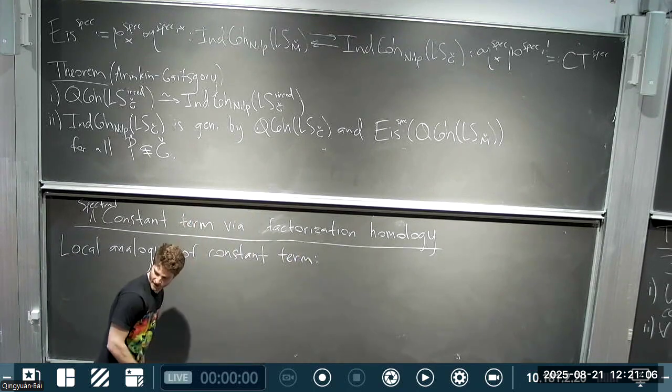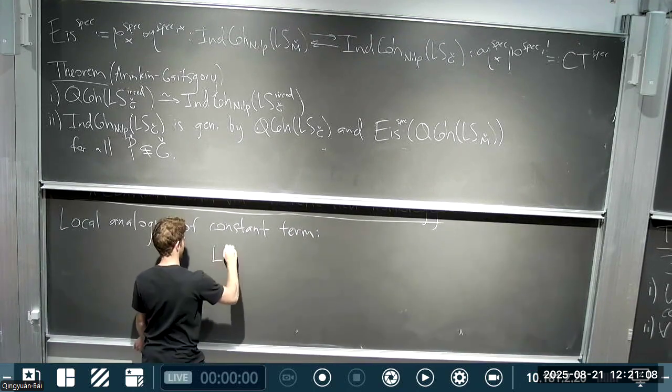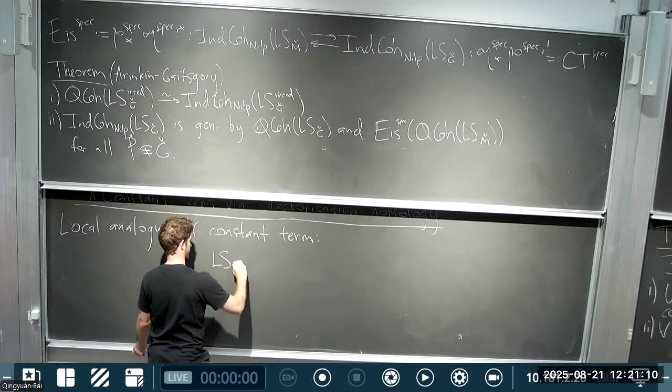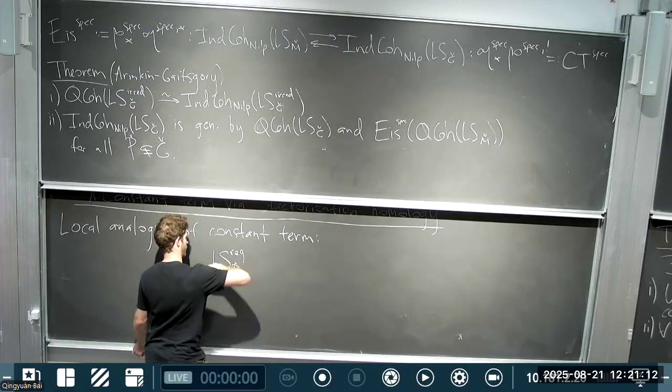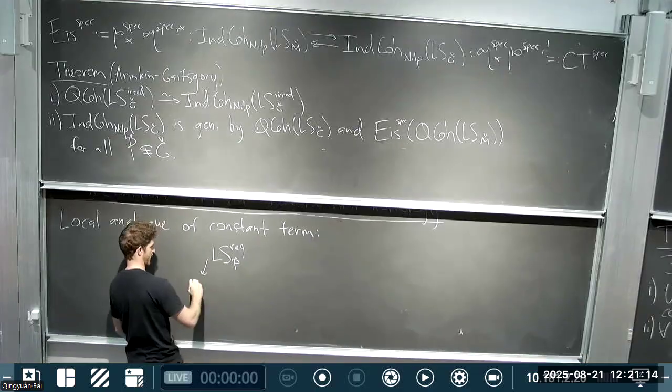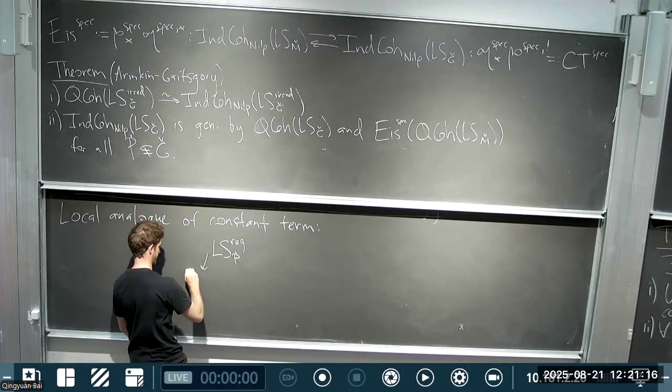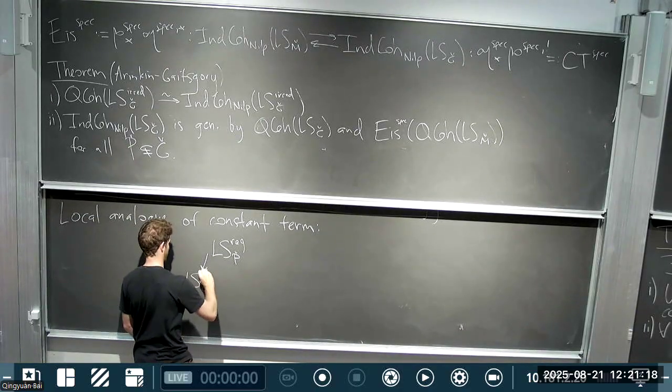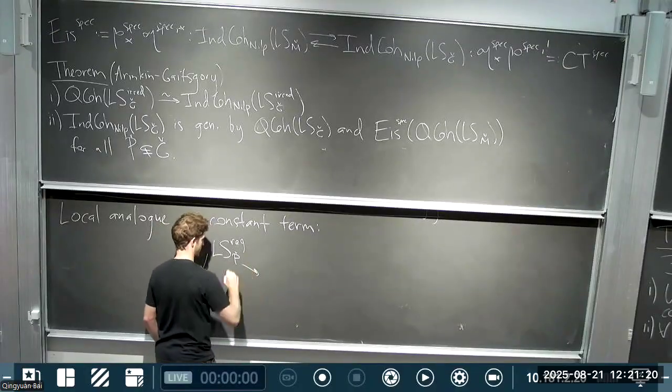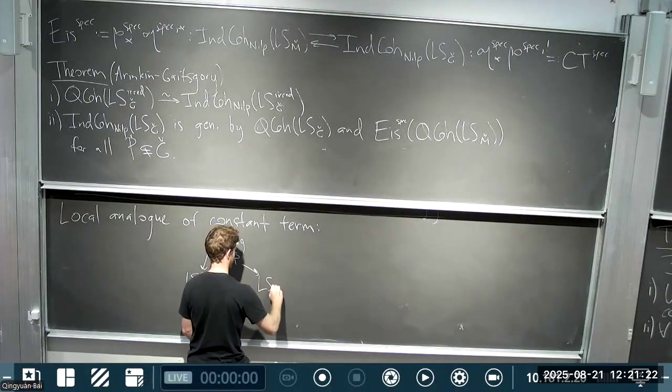I'll be very naive and say, I have my local avatars of the spaces of local systems, taking this version over the punctured disk. Remember, at a point, these are just classifying stacks.